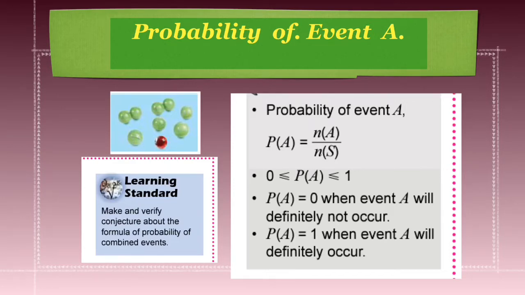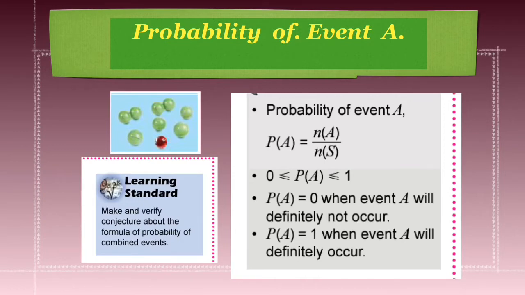Cannot be more than 1, cannot be negative. For probability of event A equal to 0, it means that event A will definitely not occur. For probability of event A equal to 1, it means that event A will definitely occur.